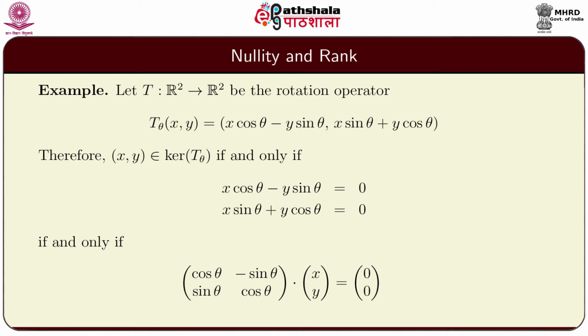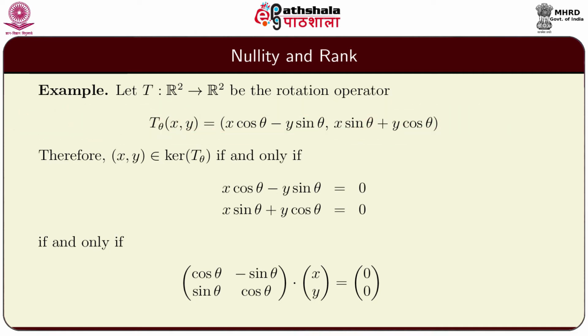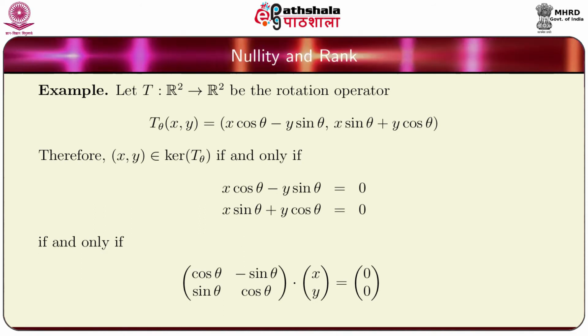Let us look at the example of the rotation operator, which we have already seen before. T theta of (x, y) is given by (x cosine theta minus y sin theta, x sin theta plus y cosine theta). This is a linear operator from R2 to R2.